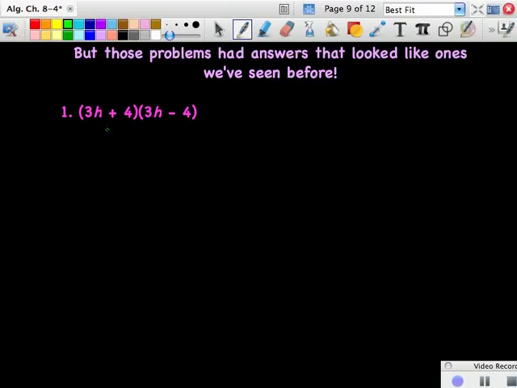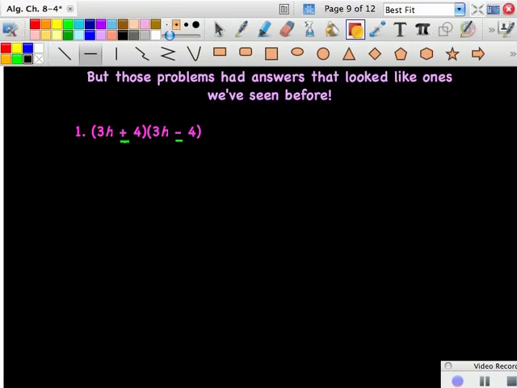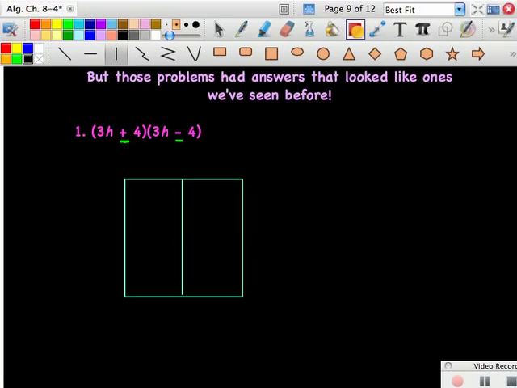So when we go through box methods and FOIL the last couple of times, if we set up that box and we do our multiplying, look at what will happen with our final answer because they are opposites of one another. So we're going to take this one and write it down the side. So 3h, and then we have a positive 4.